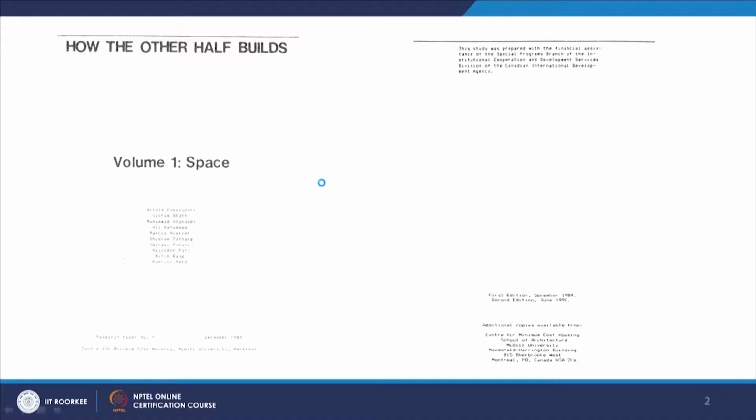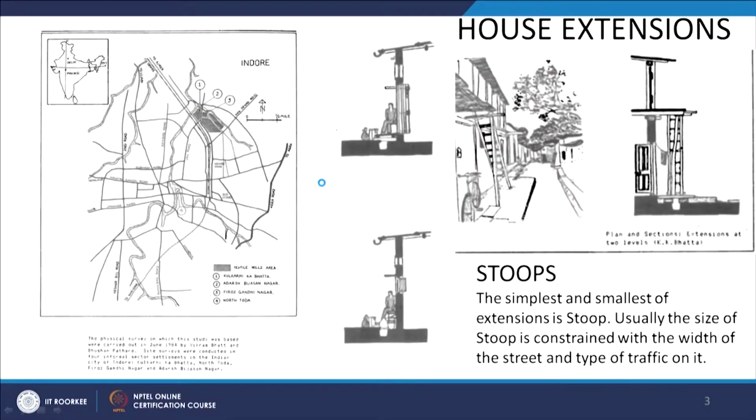So as I said, this is how the other half builds. The whole notion of the other half is that if you look at the urban population, it's almost half of the percentage, in the lower income groups, because people started migrating from villages to the towns or the urban centers, and they tend to squat in smaller settlements in clusters. There are many reasons why they squat.